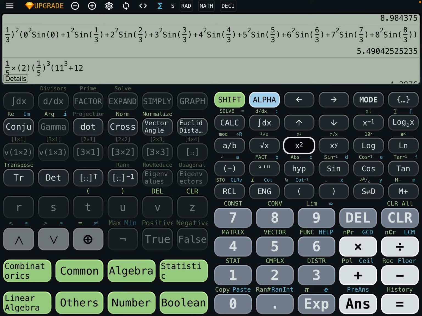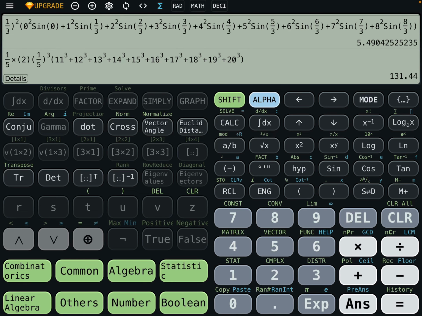Plus 12 cubed plus, oh, that's way better, 13 cubed plus 14 cubed plus 15 cubed plus 16 cubed plus 17 cubed. What am I trying to get to here? 20 plus 18 cubed plus 19 cubed plus 20 cubed. Close brackets. Now let's just check all that before I hit equals. 1/5 cubed, 11 cubed. I like it. Looks good. 131.44.